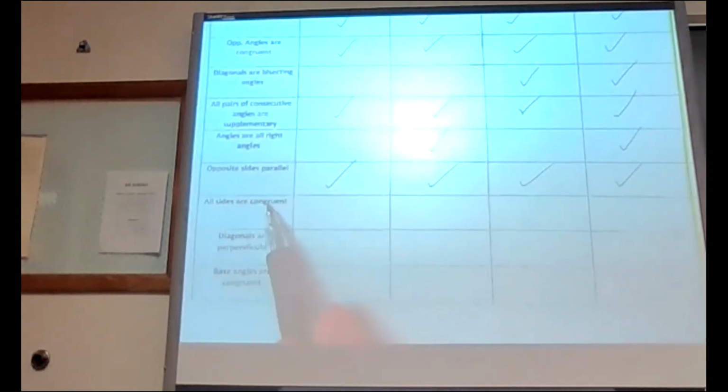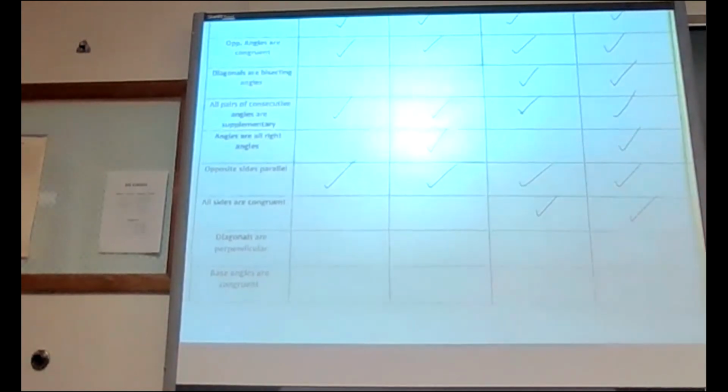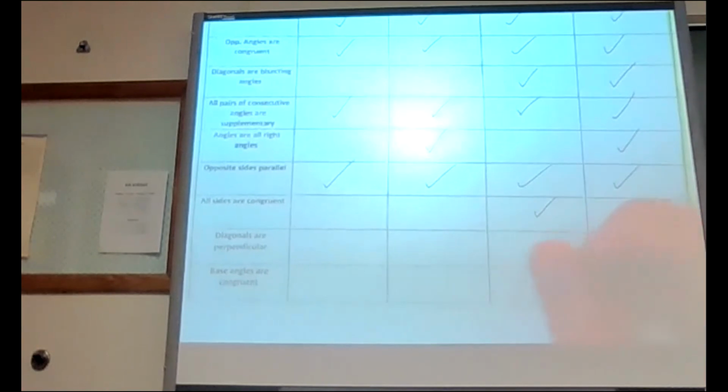Yep. That's its name. Parallelogram. All sides are congruent. No, that's a rhombus and a square. The diagonals are perpendicular, only true if it is a rhombus. Then it's true for a square. We're not going to talk about this one right now.